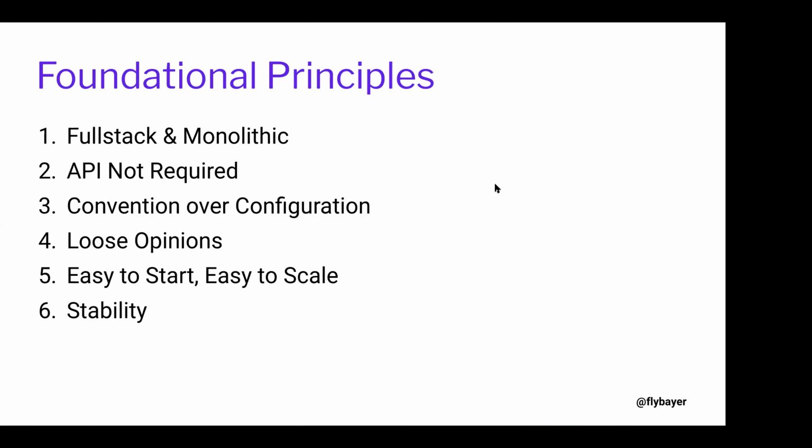Number six, stability. In this pre-1.0 era that we're in right now with Blitz, stability is pretty much not there. You know, it's fast and loose. But once we get to 1.0, we're going to implement a stable, predictable release cycle inspired by Ember. Releases will be in beta for a certain period of time before they hit the full stable release.